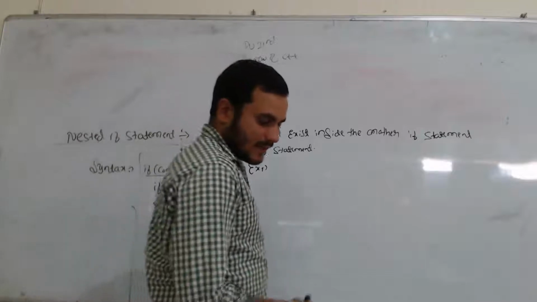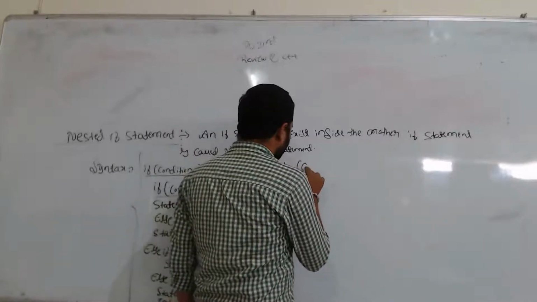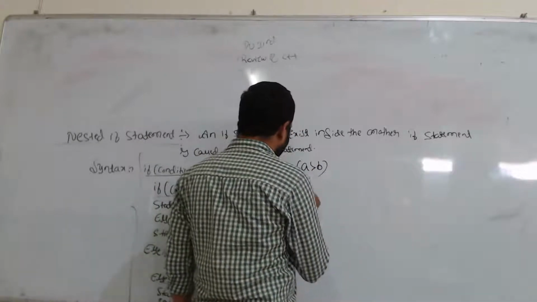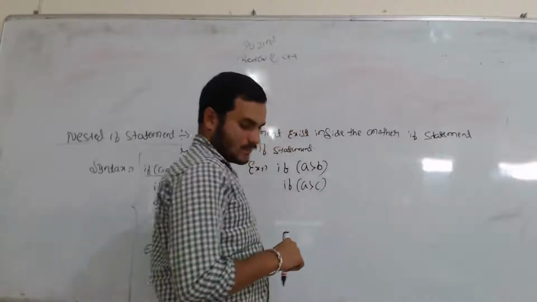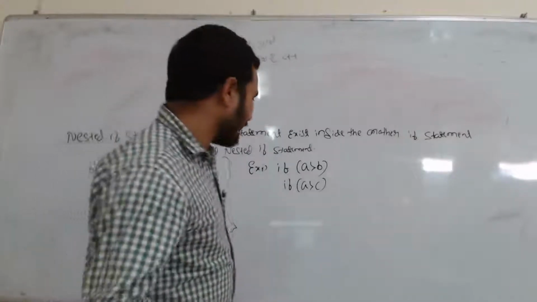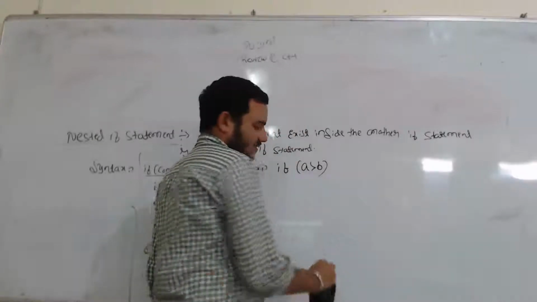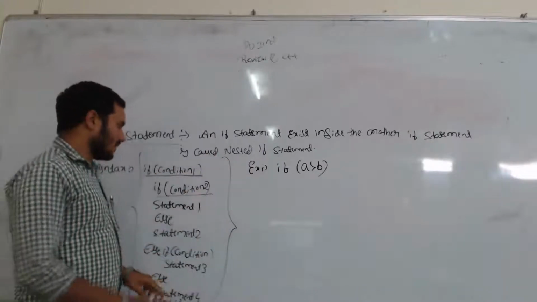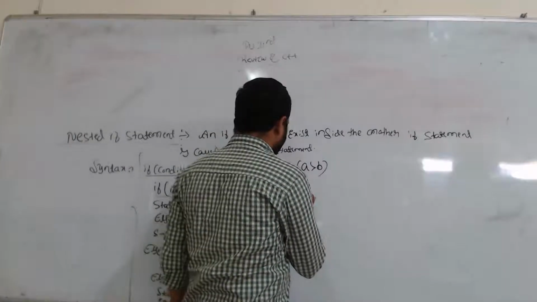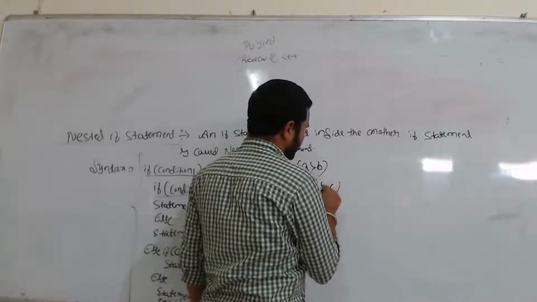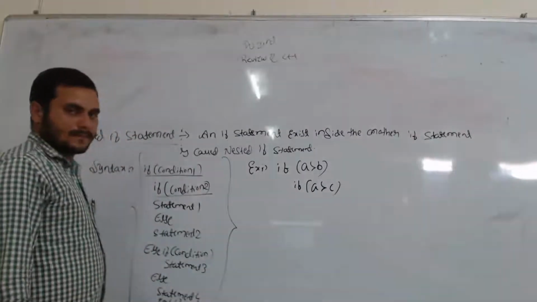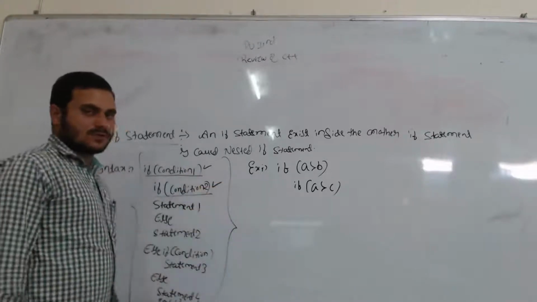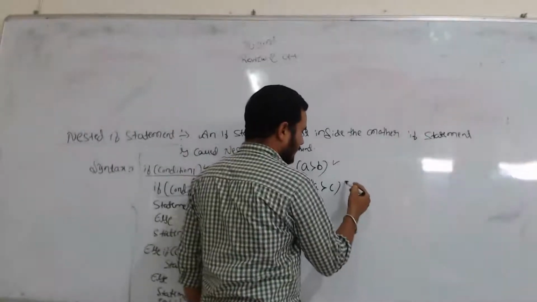Here, if A greater than B, then one more if A greater than C. First, the if condition checks A greater than B. Then I am adding one more if statement, if A greater than C. So this is one condition, and this is another condition, two conditions.